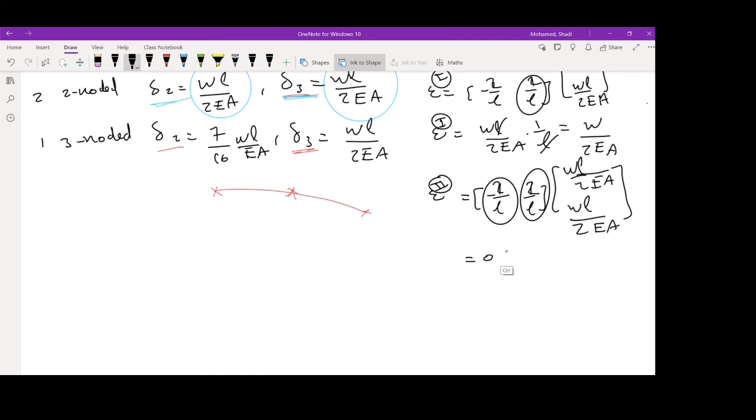I'll just write minus 2 over L, WL over 2EA, and plus 2 over L, WL over 2EA. This is going to cancel with this, and then you'll have 0 as a result of that.